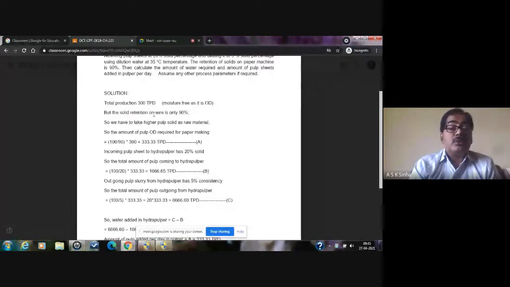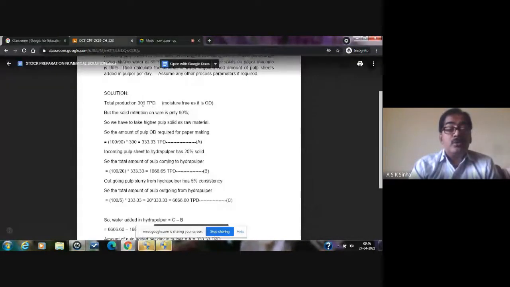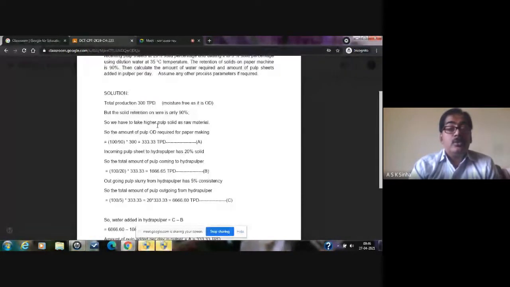So whenever doing the recycling, 100% recycling is not there, some part will be lost. So we are considering the overall solid retention on wire as given, 90%. So whatever we are adding, 90% is converting to the final product.